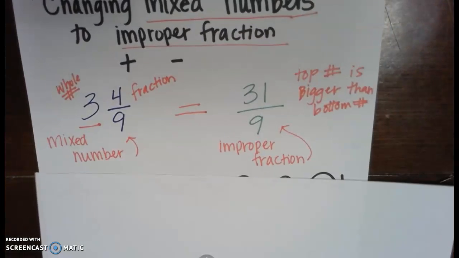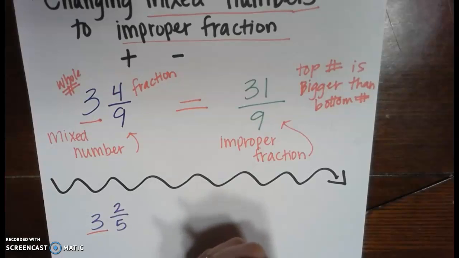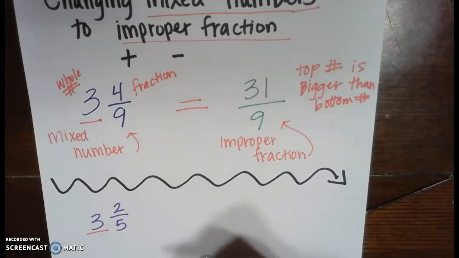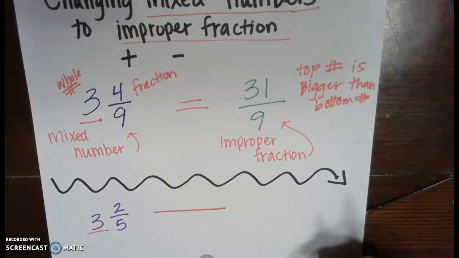So we're going to take a look at our very first problem here. We have our whole number, which is 3, and we have our fraction, which is 2/5. So there is a trick that I'm going to teach you on how to change your mixed number to an improper fraction. The way we're going to set this up is I'm going to draw a line.